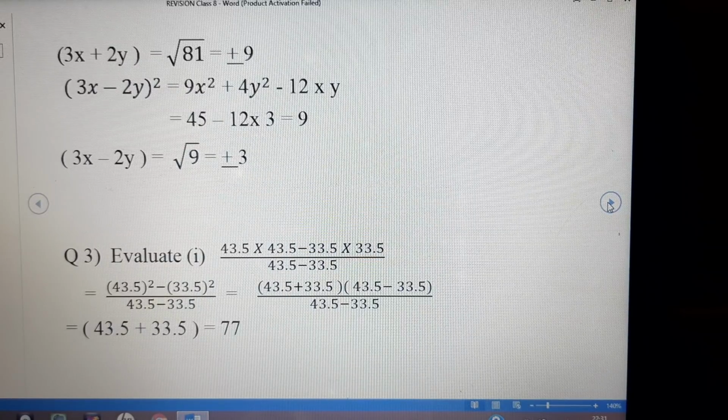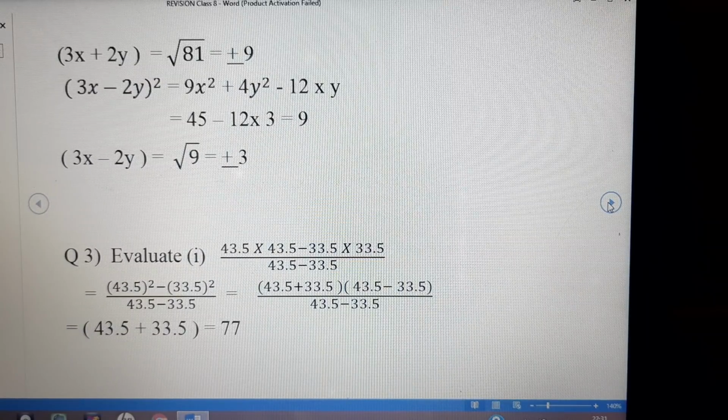Question number 3, it is evaluate. First part is 43.5 into 43.5 minus 33.5 into 33.5 divided by 43.5 minus 33.5. See, you can multiply and get the answer, subtract, and then get the answer. But we have been doing this since class 5.